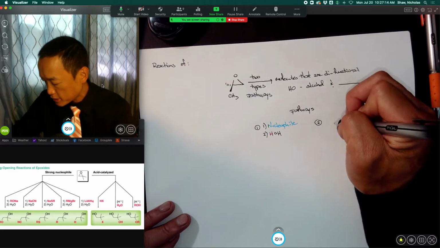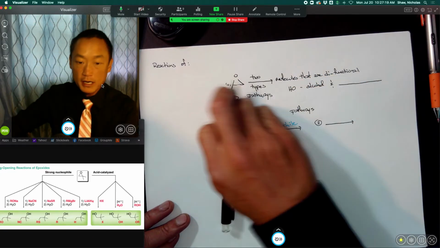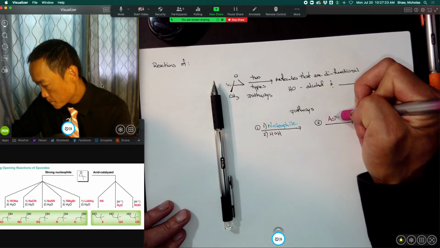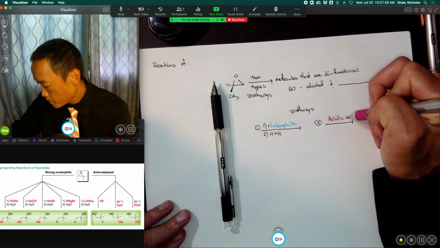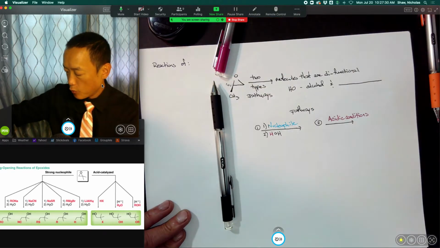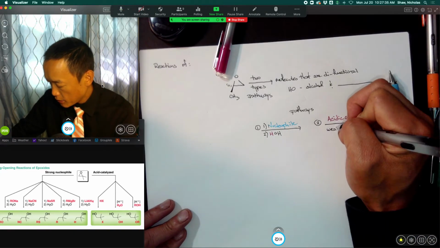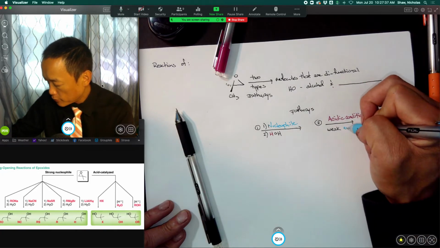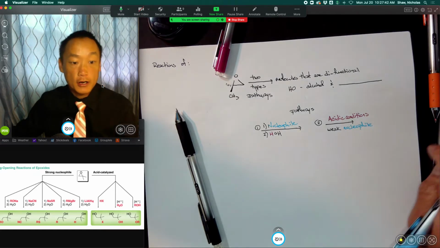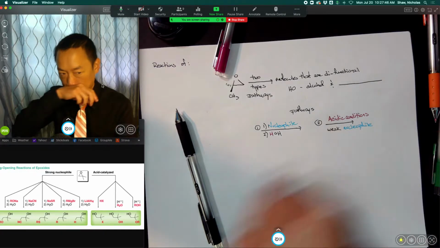And so what you're going to see with these reactions is the presence of some type of acid that will be combined with some type of weak nucleophile. And these are the three reactions that are on the right under the acid catalyzed conditions in that chart.